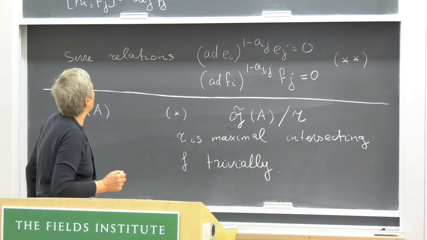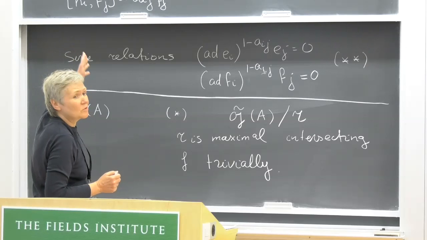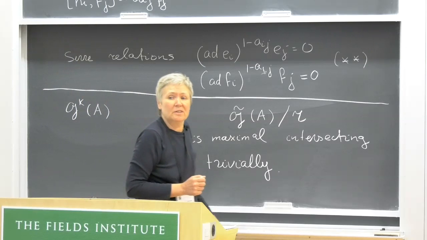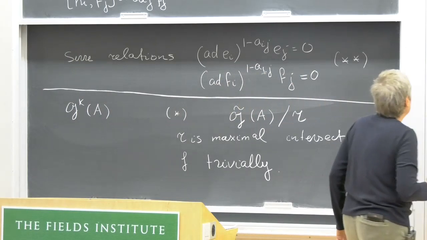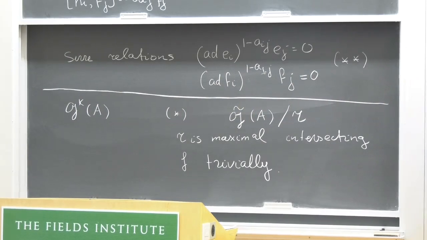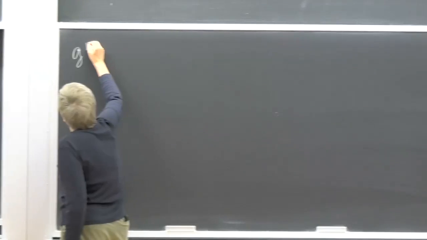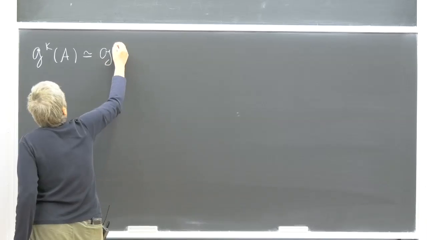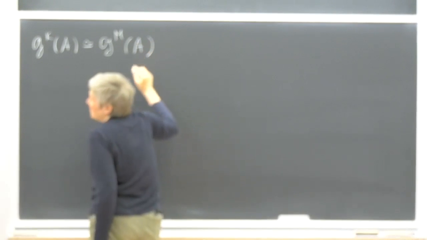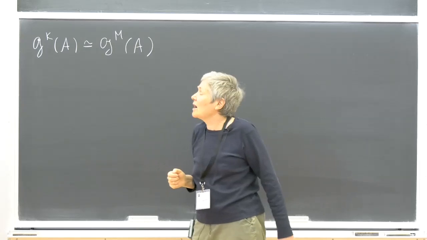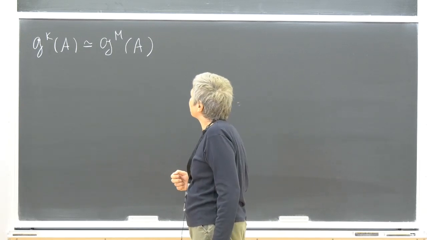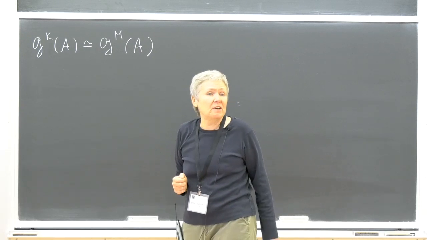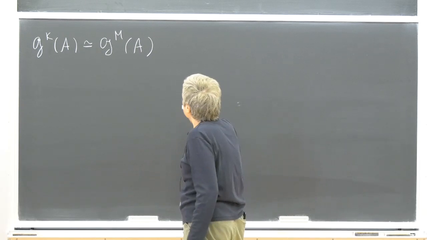The first question one can ask is whether these two definitions are equivalent. Kac proved that they are equivalent, and these algebras are isomorphic, if the Cartan matrix is so-called symmetrizable.